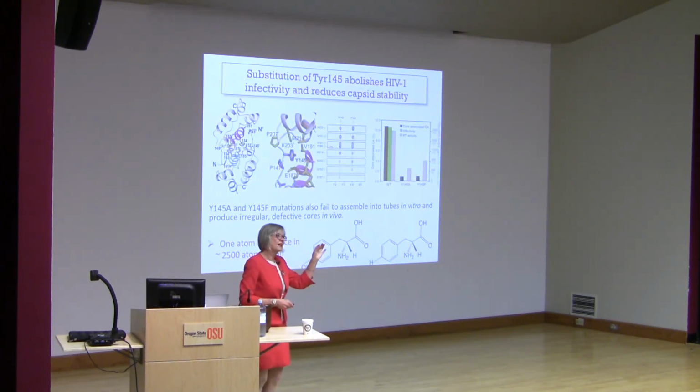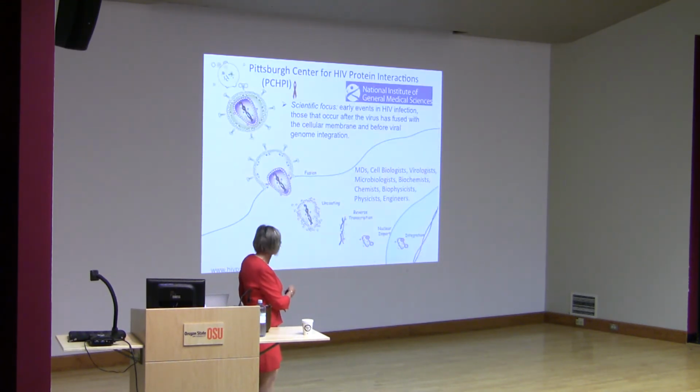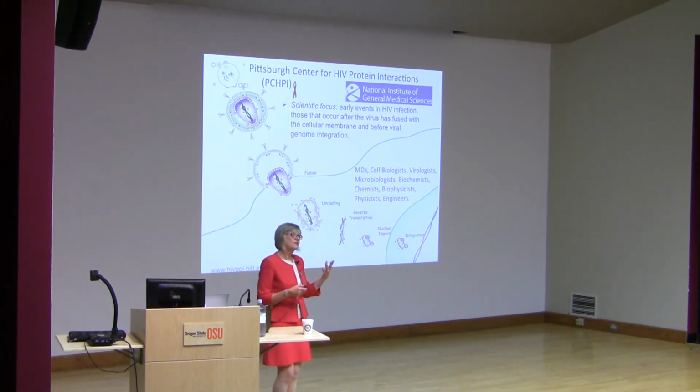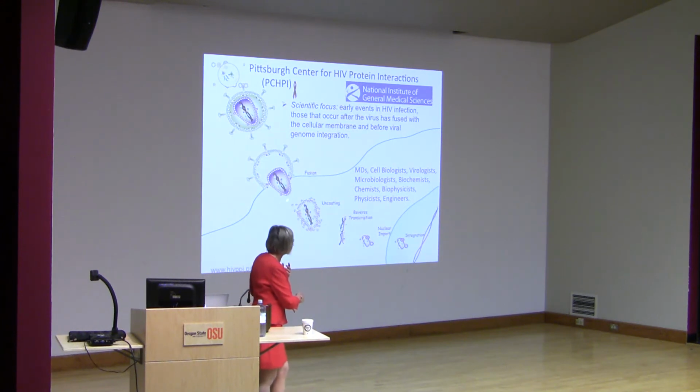I'll give you one example of how we all work together to get an answer to a particular problem. Let me go back. This particular shell of the virus is called the virus core, or capsid. It's made of one protein, and what we wanted to understand is how this protein makes that shell and how it protects the virus.